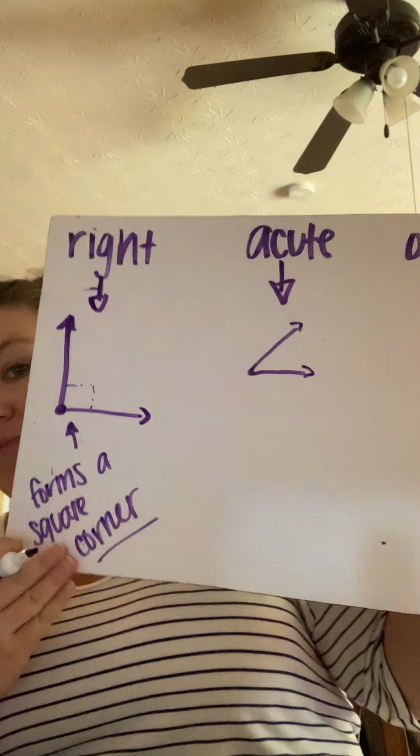An acute angle is smaller than a right angle. When I was taught this back in elementary school, my teacher said, isn't a baby cuter than a grown human? So an acute angle is something that's smaller than a right angle. So you're going to see it looking something like this right here.